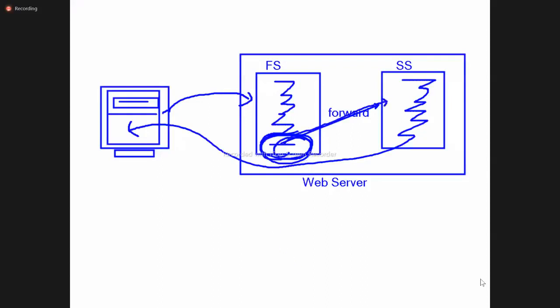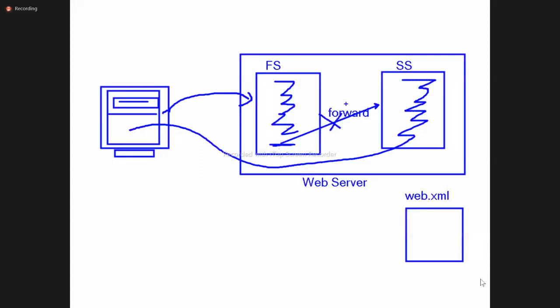If you want to change, again you have to open this program and change. But with filters, that code no need to write here. That code you can write in the XML file, in the web.xml file. No need to write here to which servlet or to which filter you want to forward. That is called declaratively.